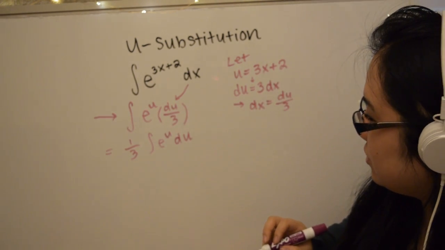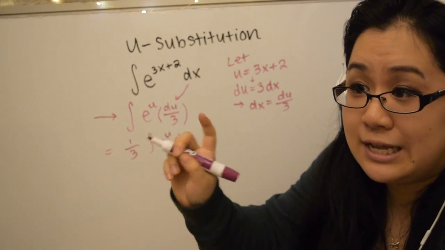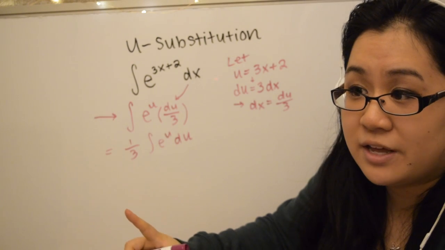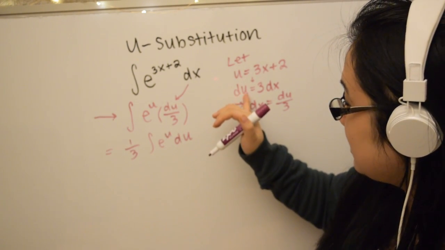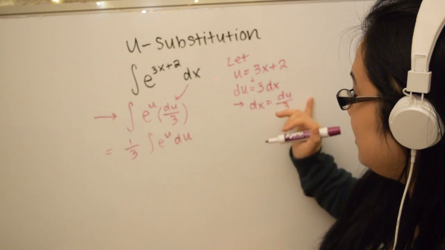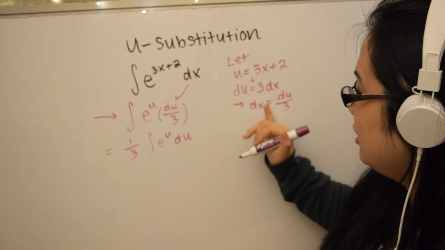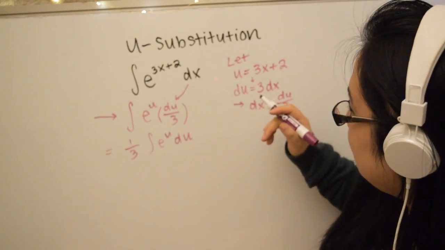Okay, so again, we have our two pieces. We let u equal something. From that, we calculate what du equals. We should always have a du on this side, a dx on this side, and if we need to, we can rearrange the du dx to simplify this question, but we don't always need to.